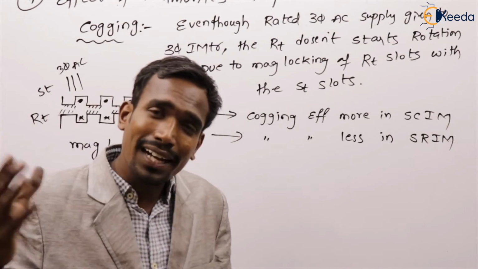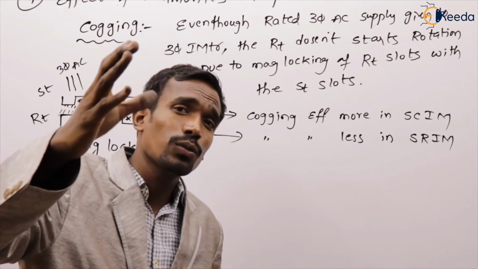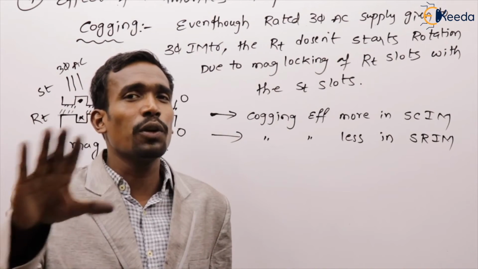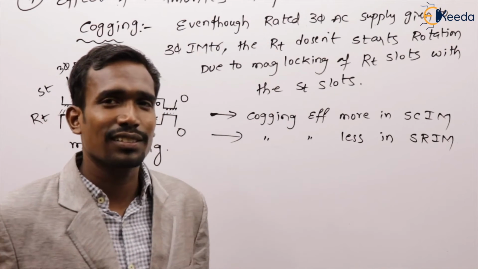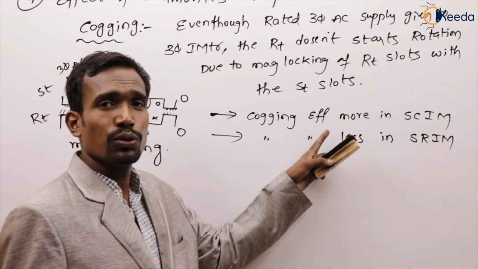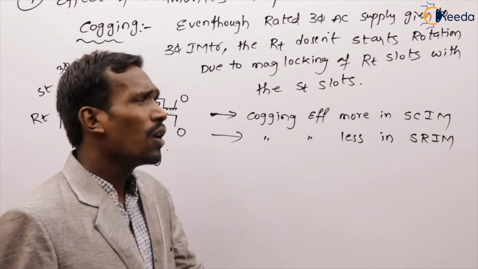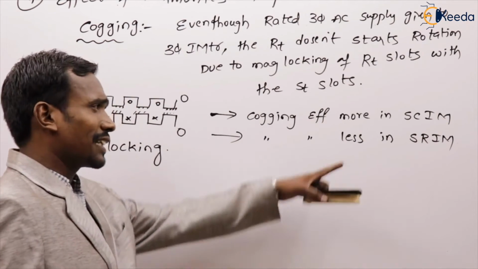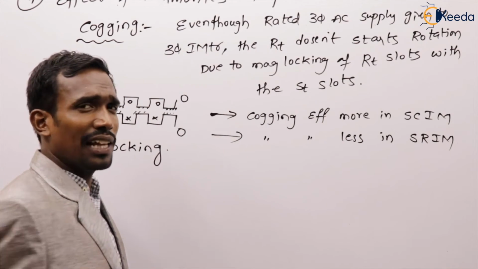But in squirrel cage, there is no possibility to add extra resistance. So in squirrel cage induction machine, cogging effect is more; in slip ring induction machine, cogging effect is less.